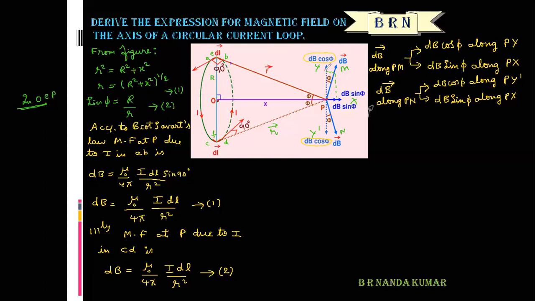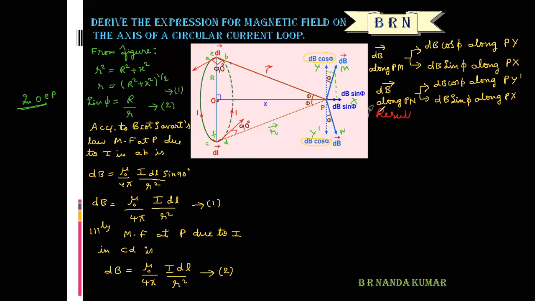That is why the components get cancelled. But the dB sin phi components along Px are both in the same direction. So what is the resultant magnetic field?